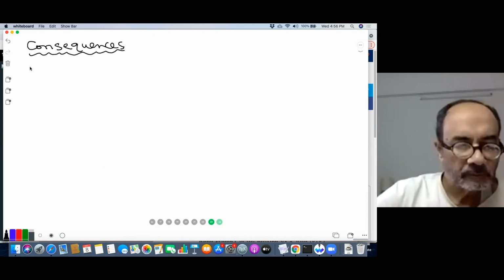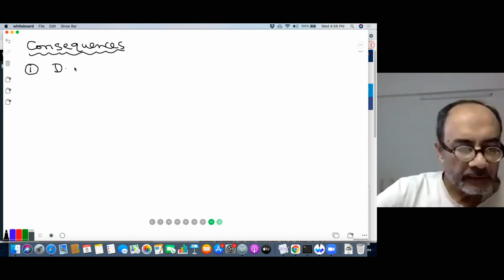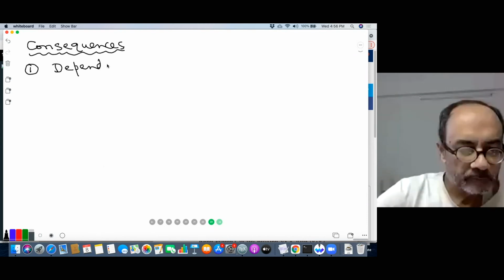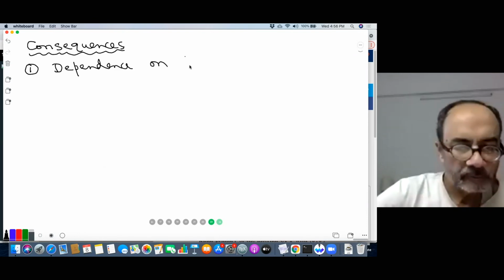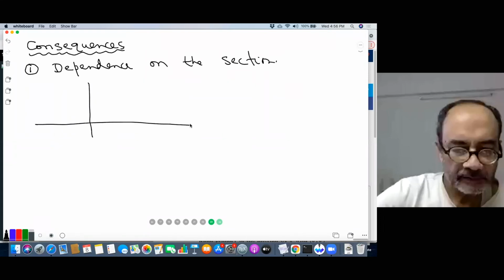So first we study the dependence on the section. Let's draw this PGN.